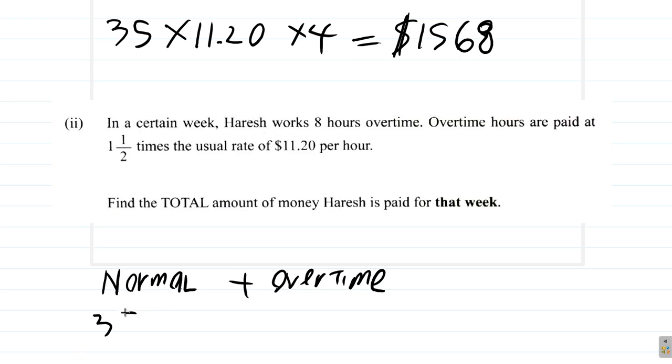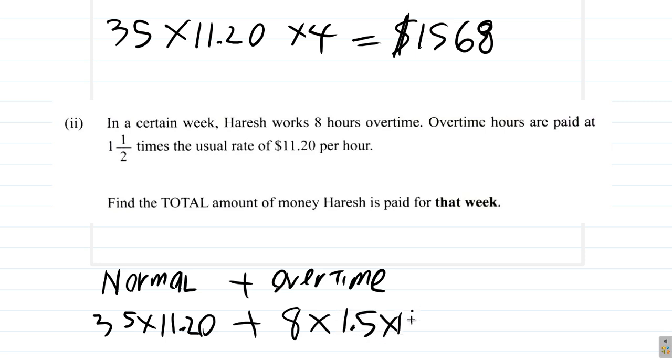Alright, so 35 hours by $11.20 per hour plus the overtime hours, which is 8 hours overtime. Alright, for each of those 8 hours you multiply by the rate. But what is the rate? It's more than $11.20 per hour, you know. It's 1.5 times the $11.20 per hour.